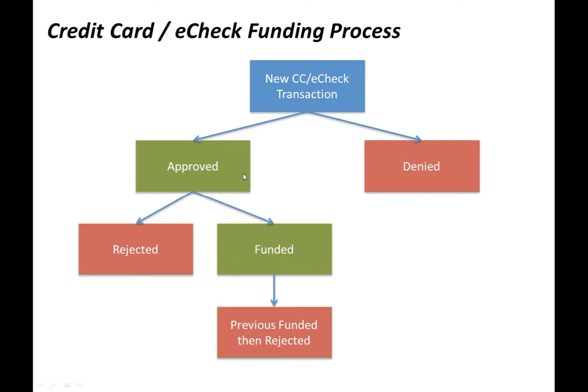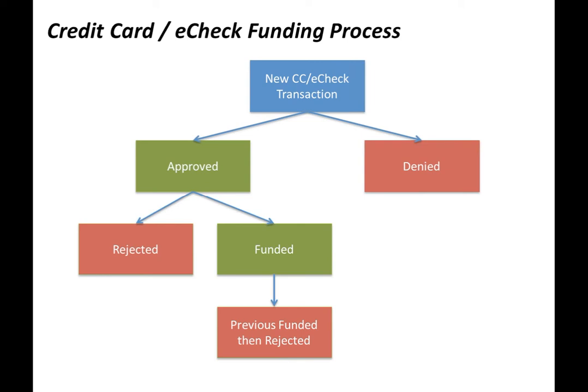So if it's a credit card and you got a preliminary approval, more than likely it's going to be funded. If it's a bank account, an e-check, and it was approved, it has to go through the Fed system, and at that point it's either going to be rejected or funded. So that's where that approved status will go from rejected to funded.